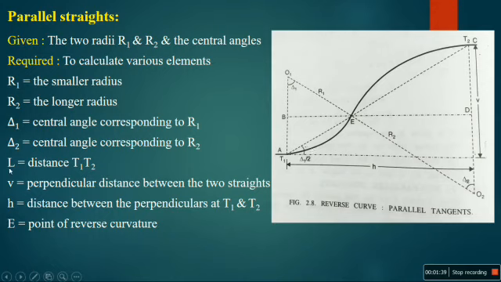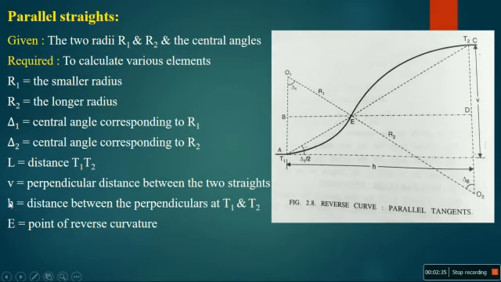Similarly, L is equal to the distance from T1 to T2, measured along the line from this tangent point to this tangent point. It is capital L, the length between the two tangent points. Next one is V. It is the perpendicular distance between the two straights. This is one straight line, and this is the second straight line. The distance between these two straight lines is small v.